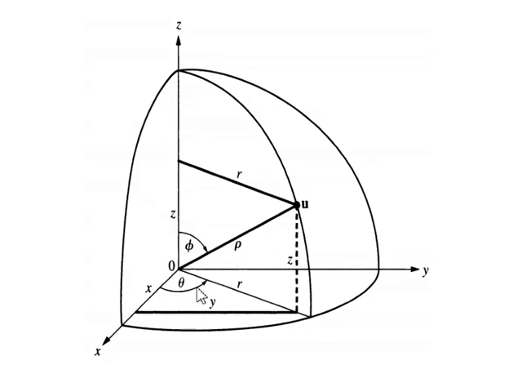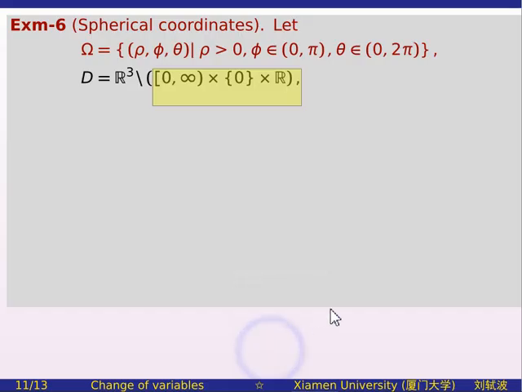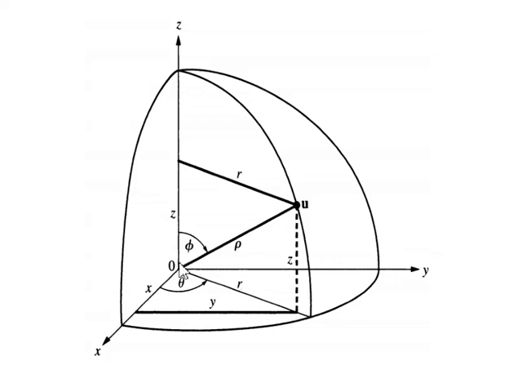These three quantities determine the point u uniquely. But for the points on the z-axis, we cannot determine the theta. Also the phi, therefore we need to restrict phi so that phi could not be 0 and could not be pi.